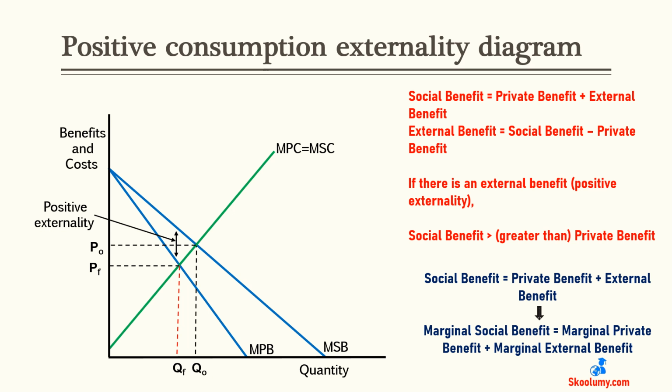Showing that on the graph, the social benefit curve will be above the private benefit curve. In the diagram, the demand curve that is above is labeled marginal social benefit. The one that is below is called marginal private benefit.